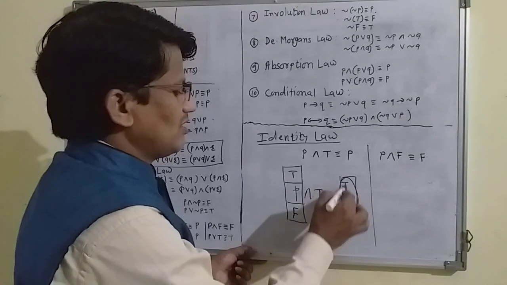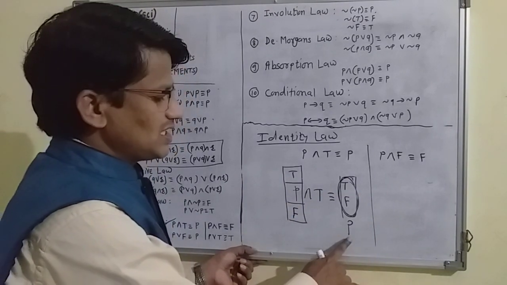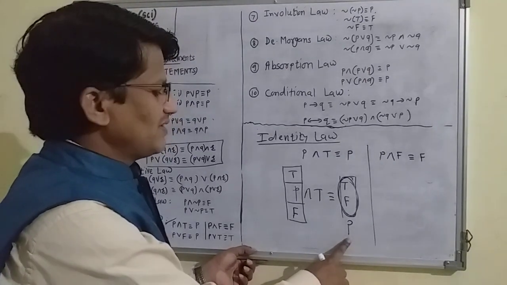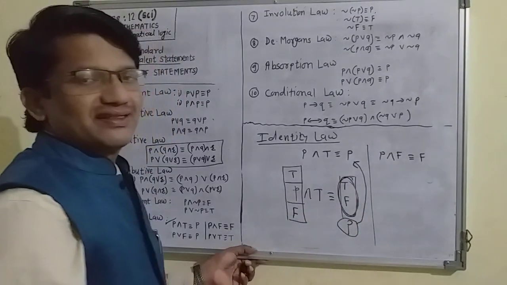So instead of this, we use the statement P, because any statement P gives two possible values, T or F. Here P is written directly.